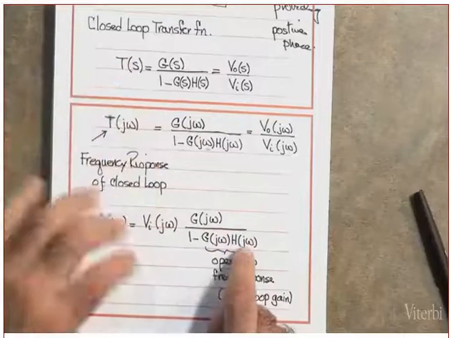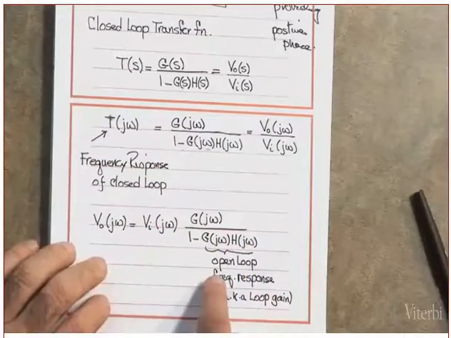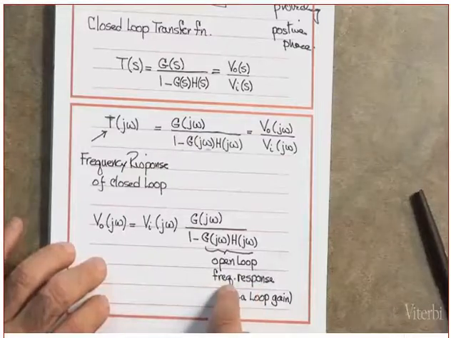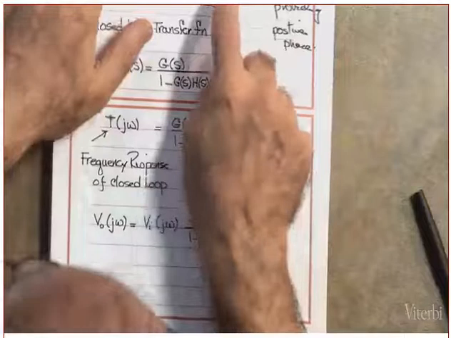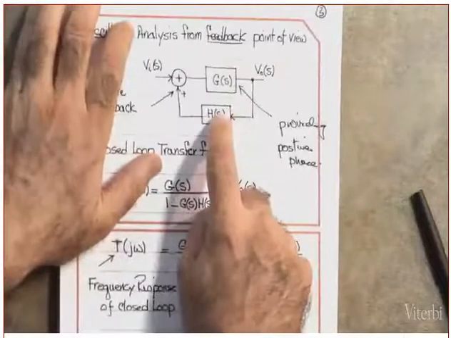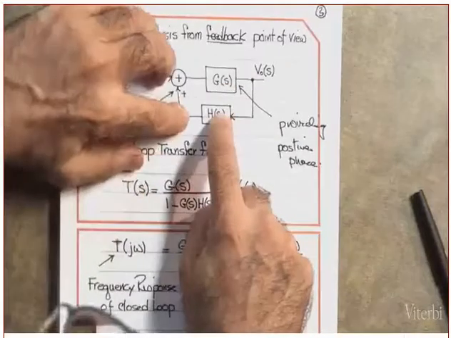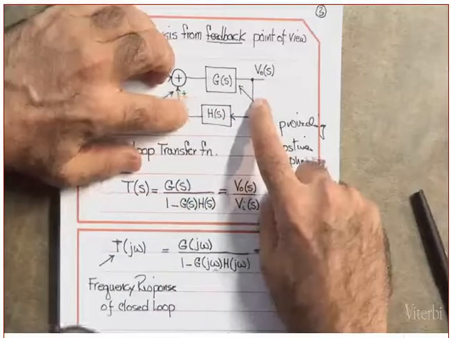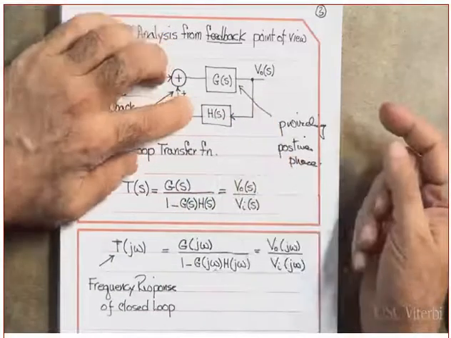What is G of J omega H of J omega called? The open loop frequency response. Why do they call it open loop? When you multiply G of J omega times H of J omega, it means you are opening the loop at this point. Did you get my point or not?